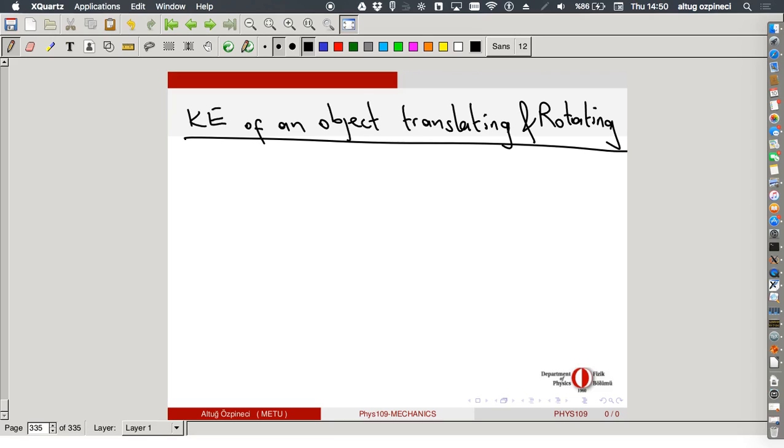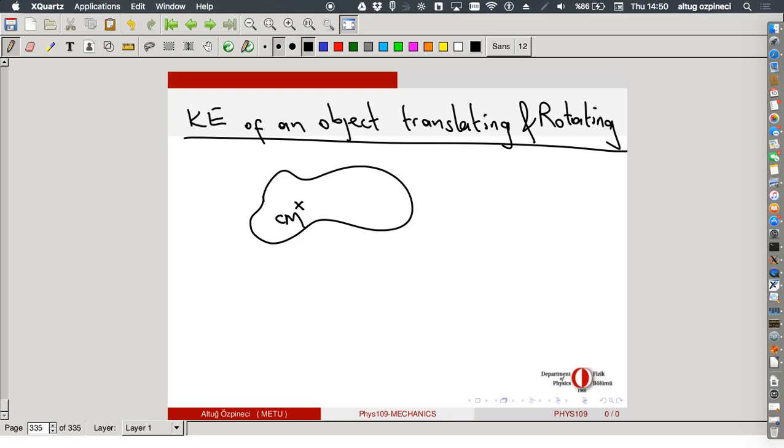Let's say you just give it a spin and you let it move. How can I write its kinetic energy? So I have this object which is moving. From now on, whenever we are talking about the translational motion, we will be mainly dealing with the center of mass.